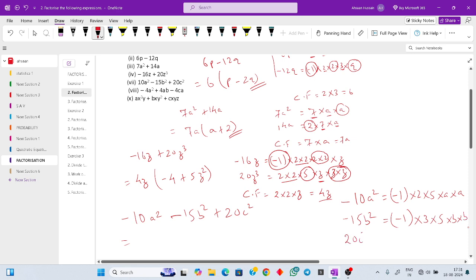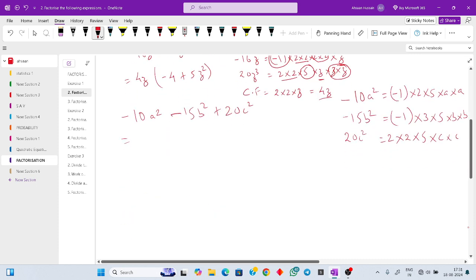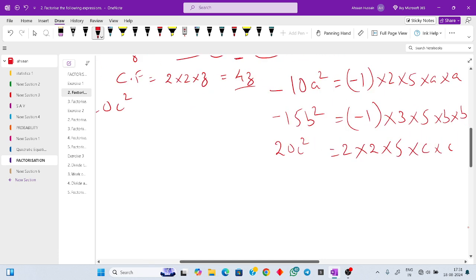And 20c square means 2 multiplied 2 multiplied 5 multiplied c into c. So the common factor is this 5 is common, and nothing else is common in these three terms. So the common factor is 5.